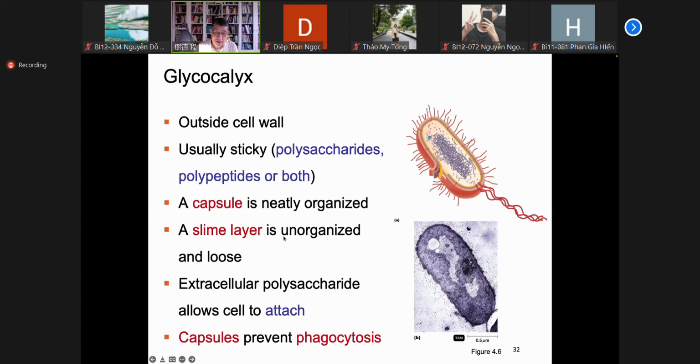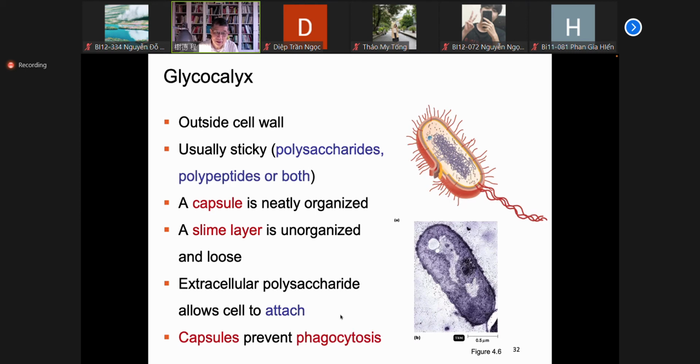Both are generally polysaccharide. So this structure generally helps the cell not be swallowed. So it can escape phagocytosis by the cell. So these are important ones.